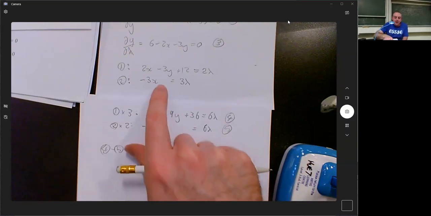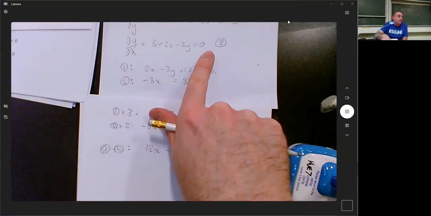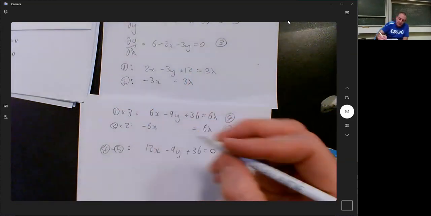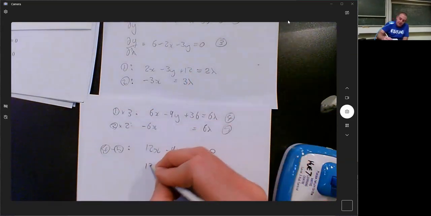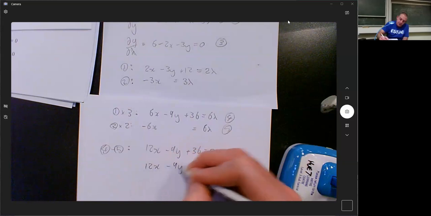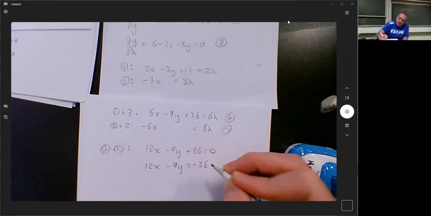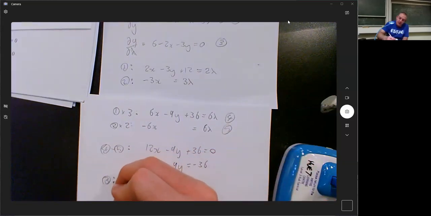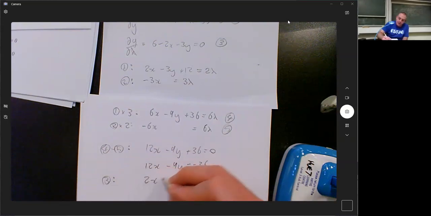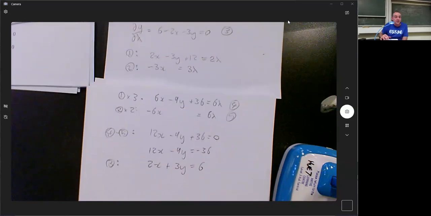And oh look, there's another one from equation number 3. So 12x minus 9y equals minus 36. And then equation number 3 gives me 2x plus 3y is equal to 6. And now that's 2 equations and 2 unknowns, which I can solve by whatever methods you like.